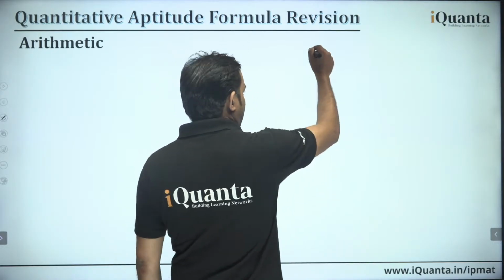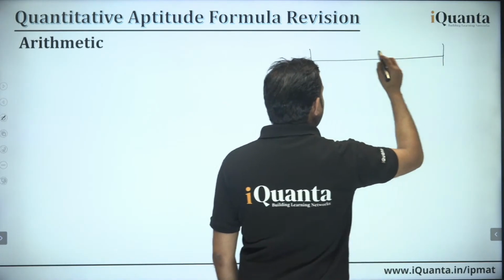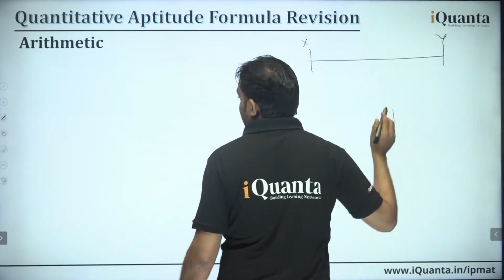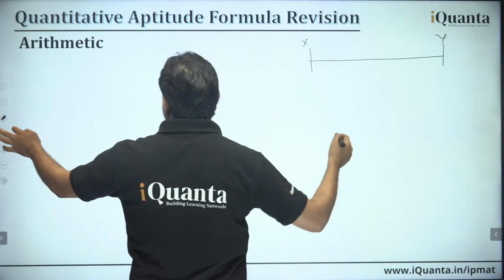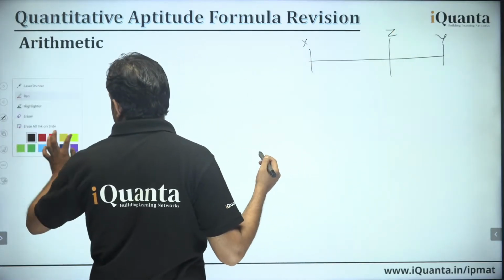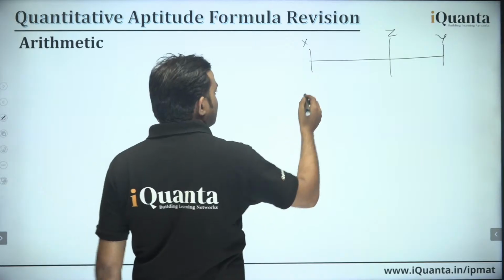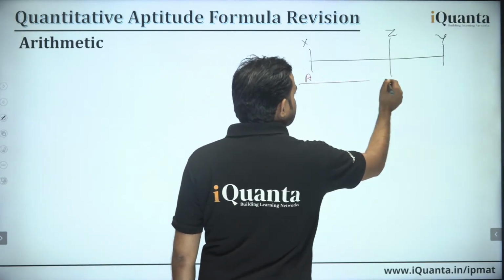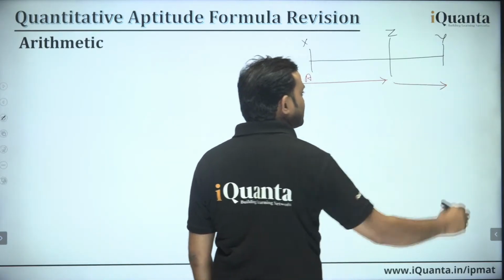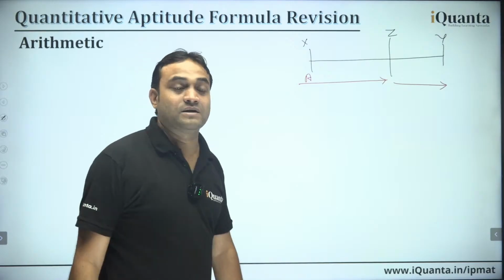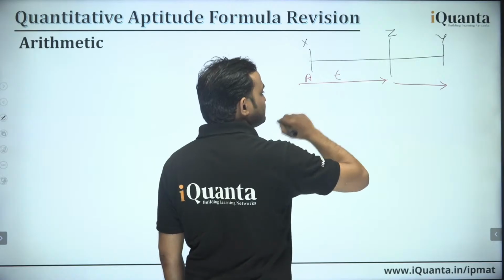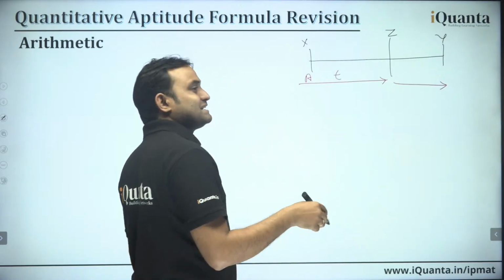Let's say two persons are starting from points X and Y, and they meet at point Z. Let's say A is starting from X going till Z, and then after Z he is going to Y. The time taken by A to reach Z from X is T. T seconds, T minutes, it could be anything.